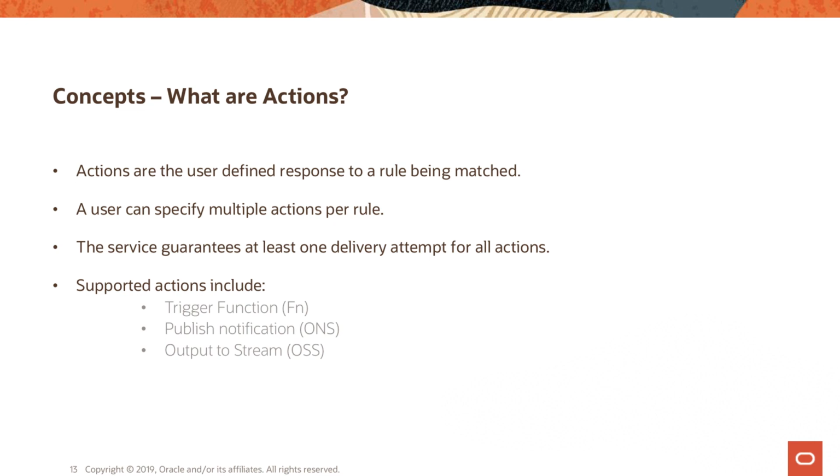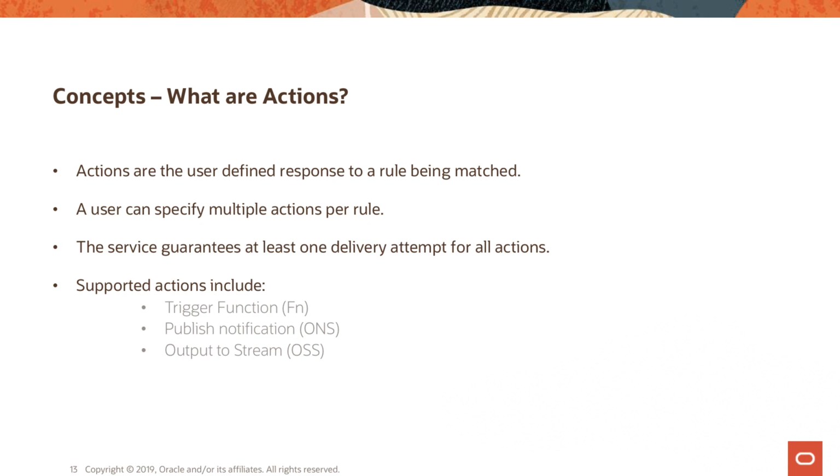And these actions can be invoked using three services right now, which is to trigger functions using the OCI functions service. You can publish notifications using the OCI notification service, and you can output the event to a stream in the OCI streaming service.